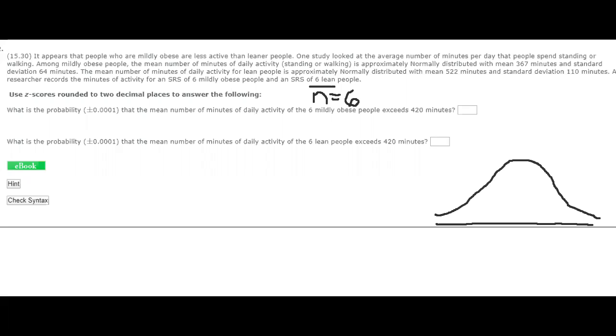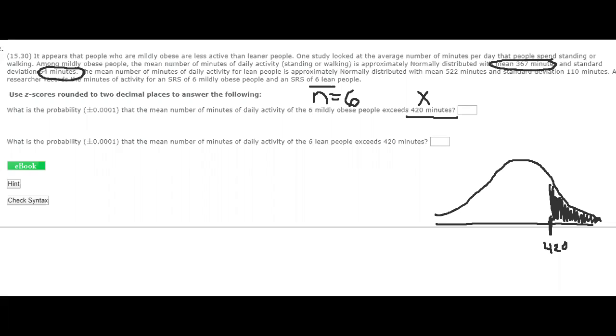Let's see. What's the probability that the mean number exceeds? So we know we're looking for an area on the right of the mean because it exceeds an X value here of 420 minutes. So this is X. And for the mildly obese people, we are looking at a mean of 367 and a standard deviation of 64 minutes.